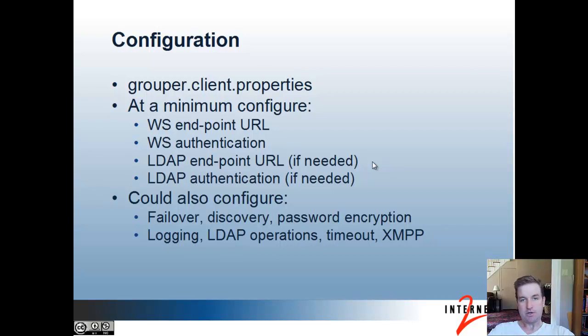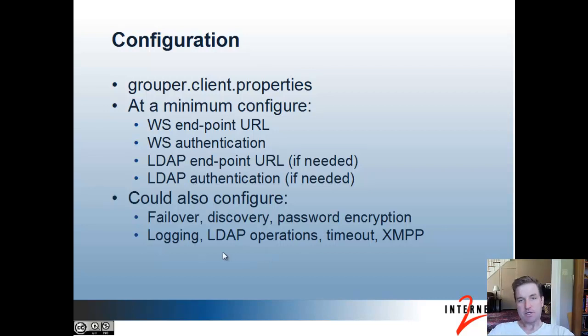If you look in the Grouper client properties, you'll see other configuration things that you could do. Failover of Grouper web services servers, discovery of which web service servers are available, password encryption if you don't want a clear text password in the grouper.client.properties, the logging settings, especially for command line if you're not using Commons logging, how verbose you want it and what the log file is.